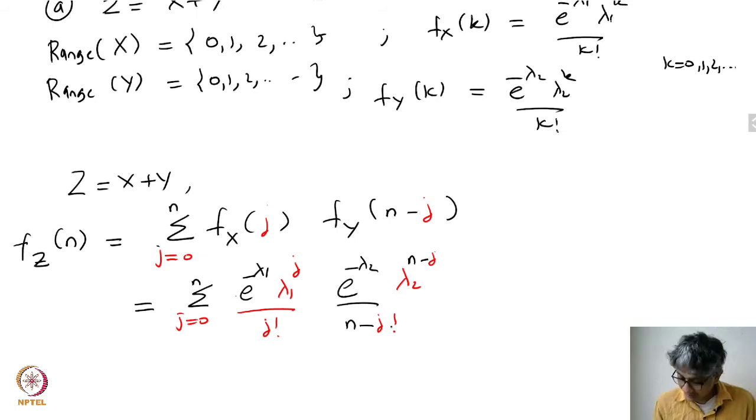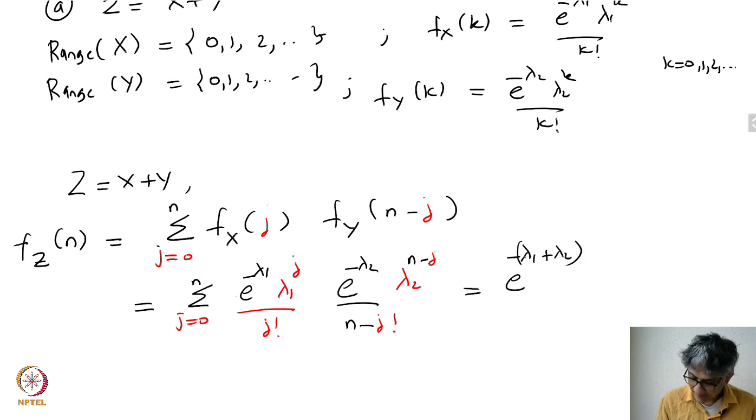But now you can observe that some terms don't depend on j. So e to the minus lambda 1 and e to the minus lambda 2 will come out, giving e to the minus lambda 1 plus lambda 2 at the top. Then I have the sum from j equal to 0 to n.